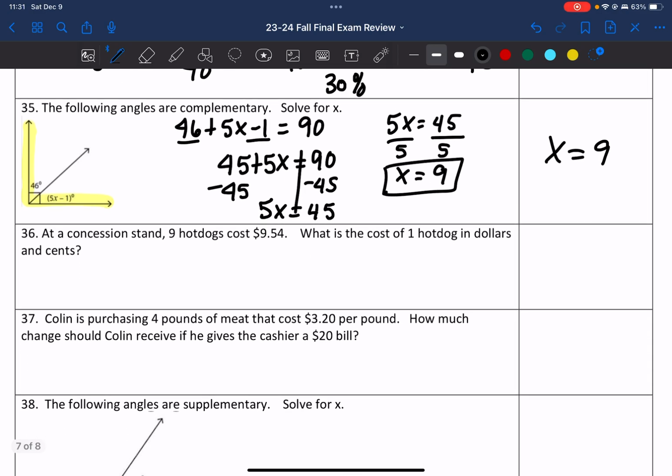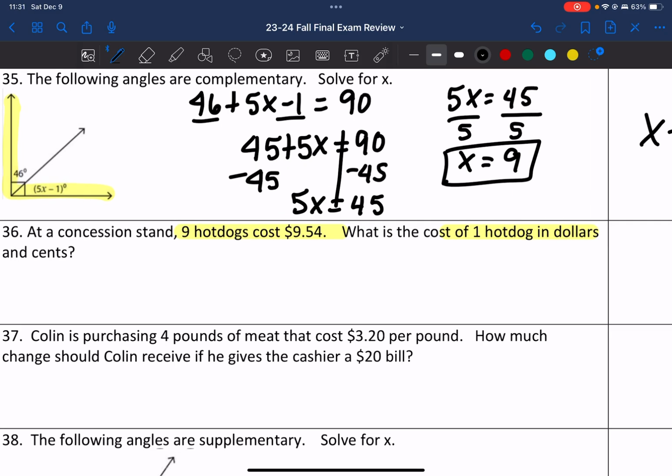All right, let's look at number 36. At a concession stand, 9 hot dogs cost $9.54. What is the cost of 1 hot dog? Ooh, guess what this is? This is going to be the unit, divided by, I'm trying to think what it was because this was in unit 5.